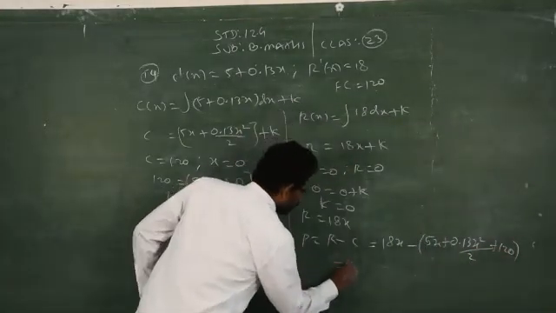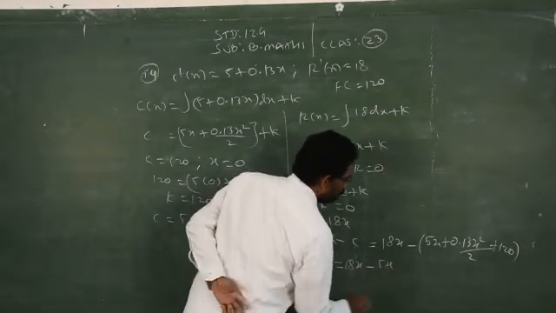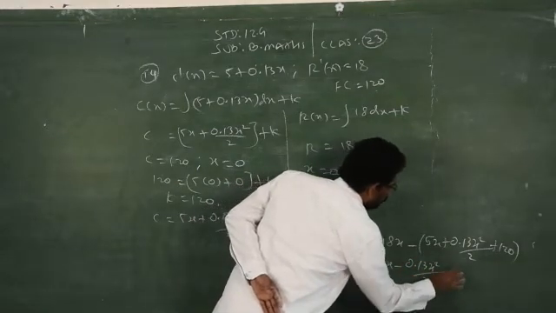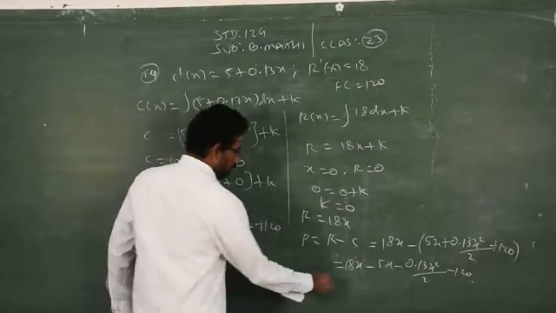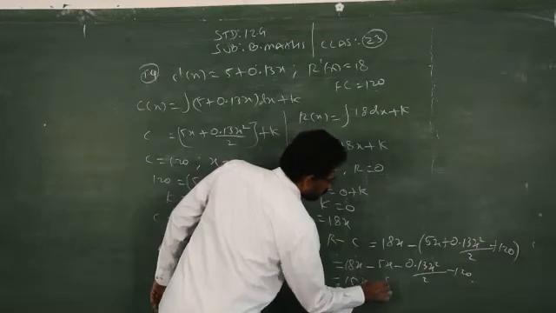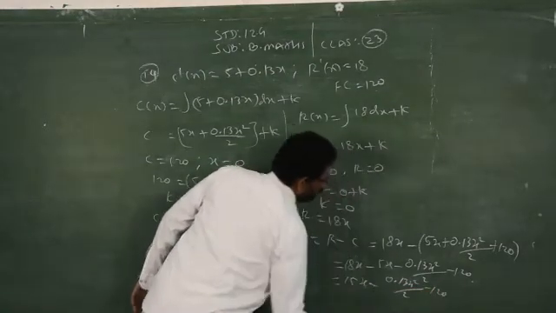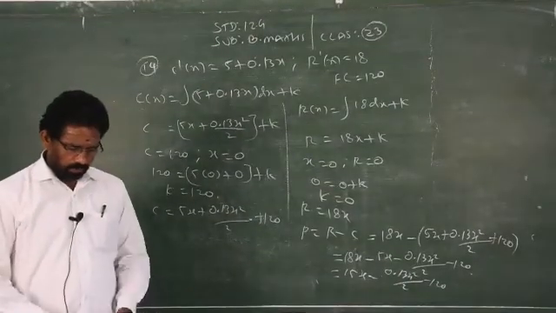Just simplify: 18x minus 5x minus 0.13x square by 2 minus 120. Simplify, and you will get 15x minus 0.13x square by 2 minus 120. So this is your answer for the profit function.